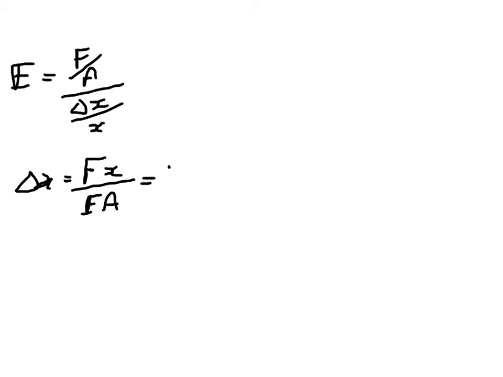F is going to be mg. E, we're given. Area is going to be pi d squared over 4, because that's what the notes have done, but that's the same as pi r squared. Substituting in the numbers we know, we can bring that 4 up to the top as well.